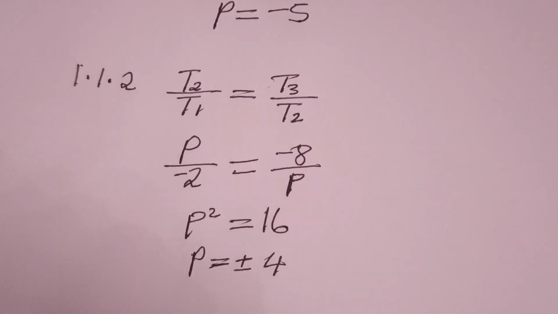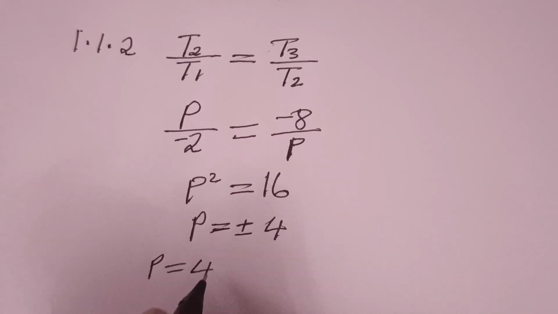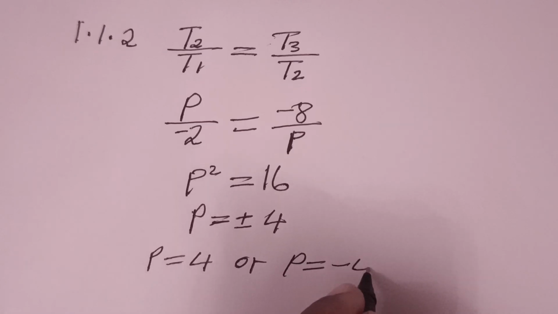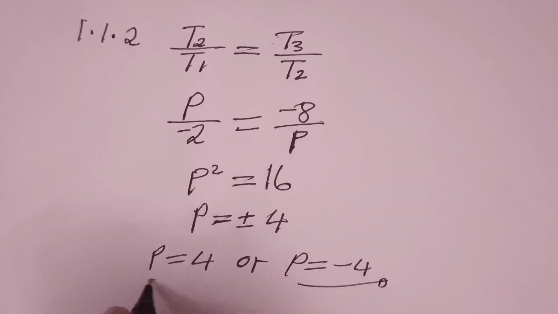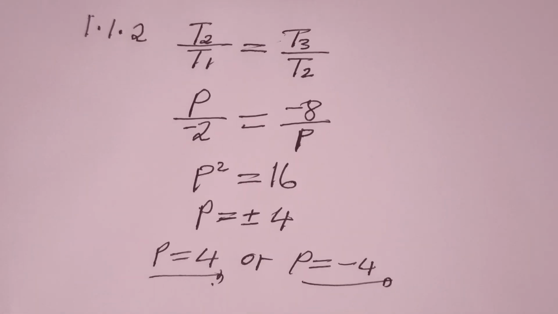So p is 4 or p is -4. Another person could have used the fact that when you take the 16 to the other side, it is the difference of two squares. It doesn't matter really. And that's how you answer that particular question.